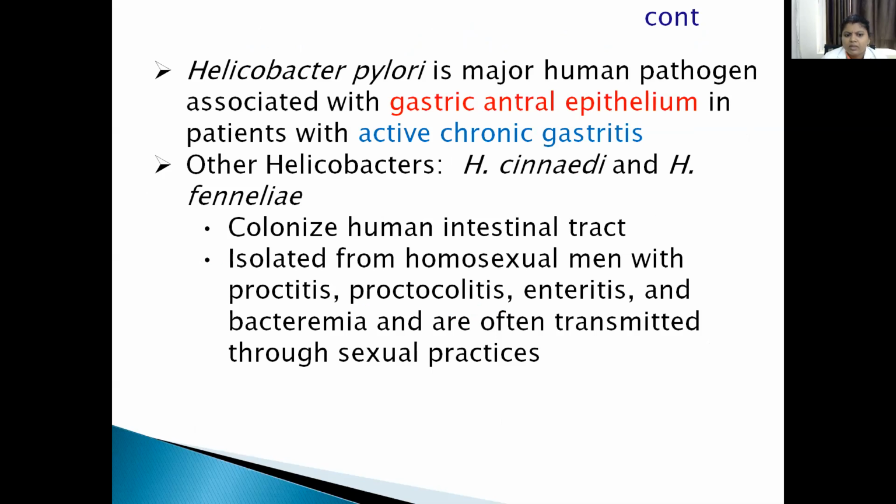Cinaedi and fennelliae colonize the human intestinal tract in immunocompromised patients and also homosexuals, presenting with clinical manifestations like proctitis, proctocolitis, enteritis, and bacteremia, usually transmitted sexually.